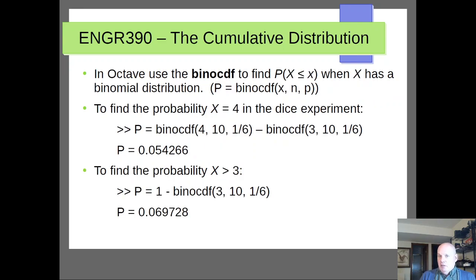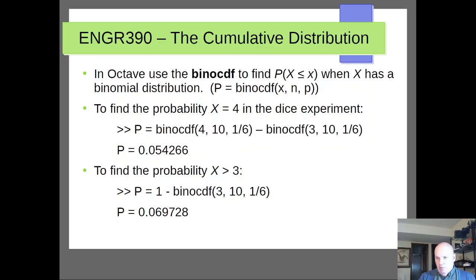Again, in Octave, you can use binocdf to find the probability that x is less than or equal to some particular value of x. It takes 3 arguments, x, n, and p, just like binopdf, but it's a different function. It gives you the probability that the random variable is less than or equal to this value.